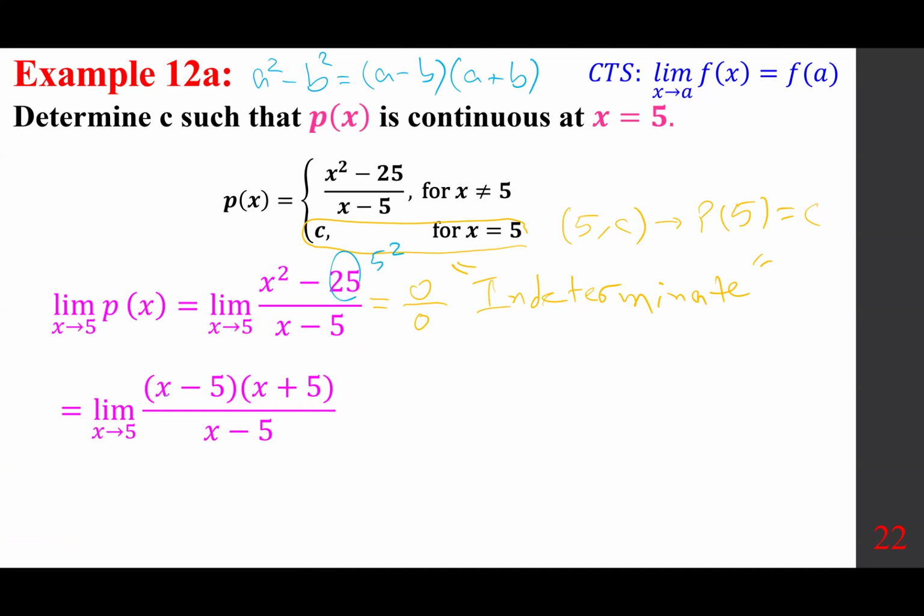So now we can get rid of X minus 5 and take the limit of X plus 5 as X approaches 5. If you plug in, you get 10. So we proved the limit exists and the limit from both sides is 10.